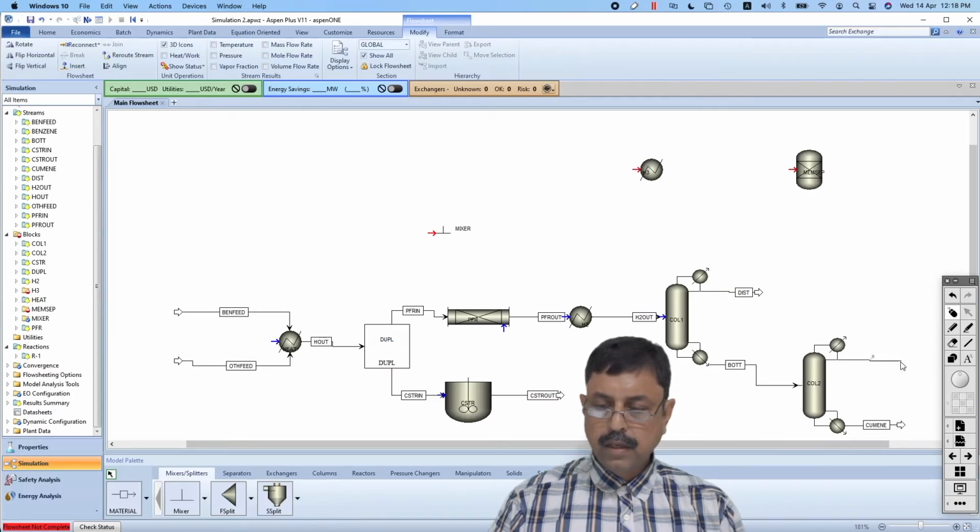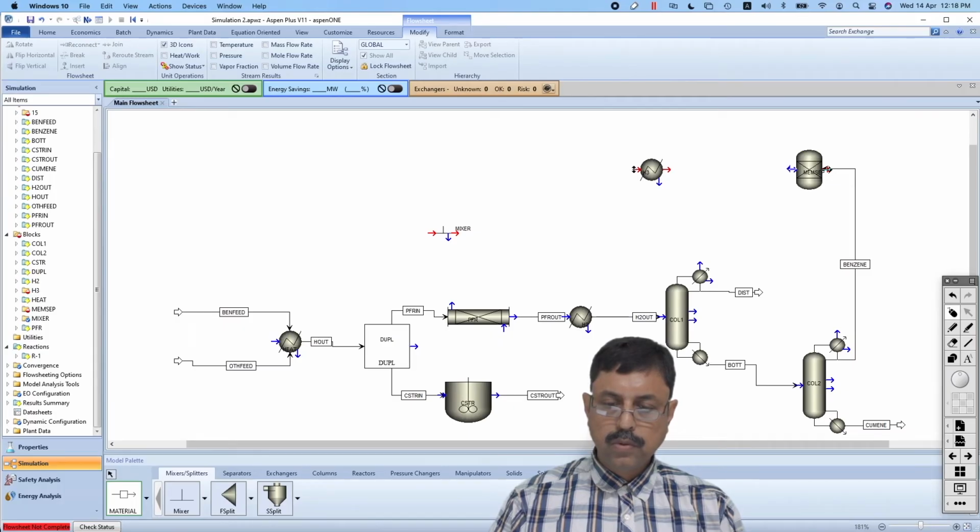This line has to be fed into the membrane separator. Then the outlet of the membrane separator will go to this line. Outlet of this will go to this one.